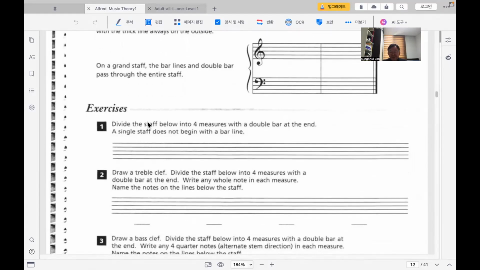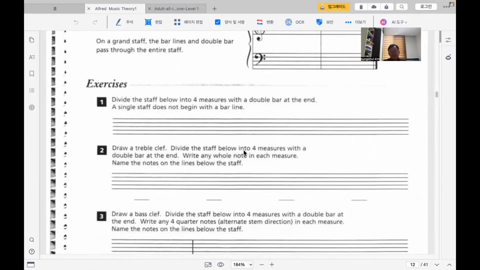Okay, divide the staff into four exactly. First of all, divide into two like this, and like this, and like this, and then at the end, a double bar. Inside thin, outside thick.